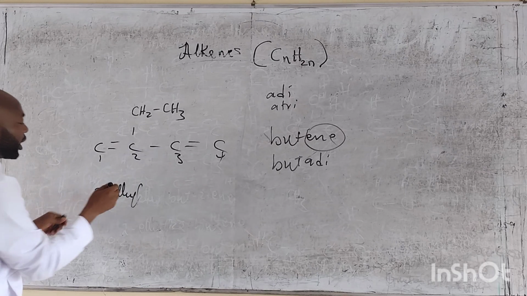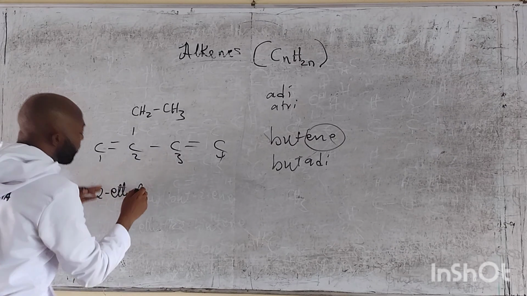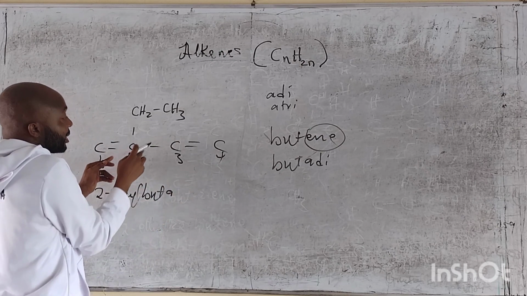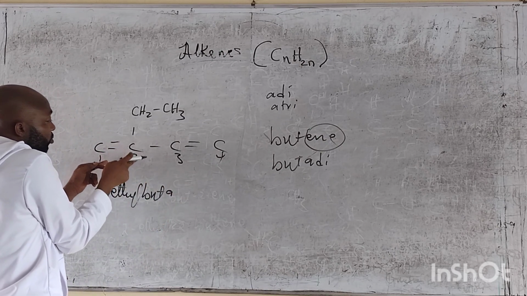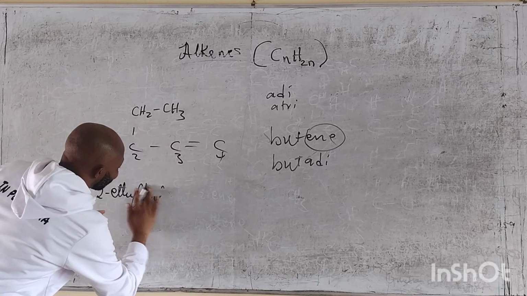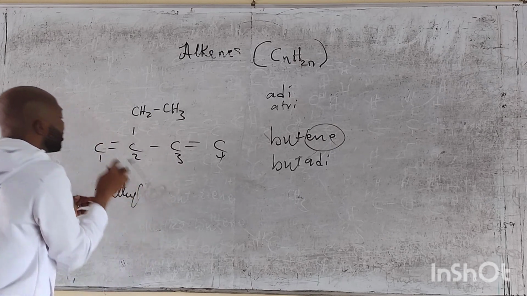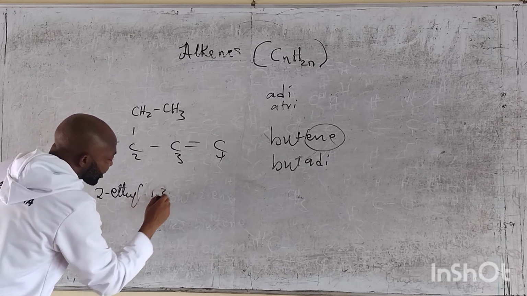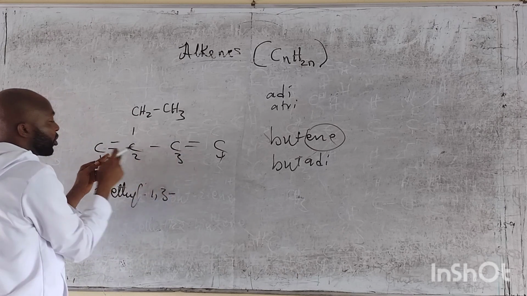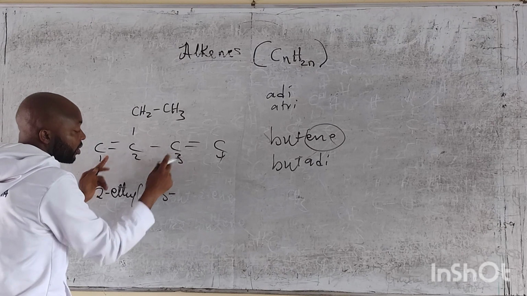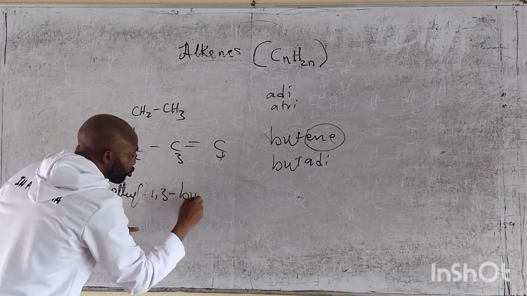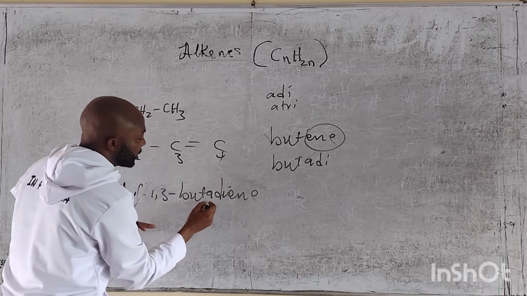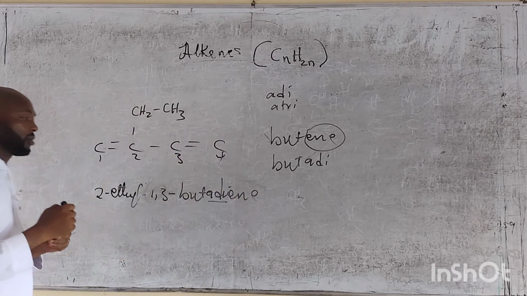Now, this is 2-ethyl buta. Since they are double, sorry, let me come. 2-ethyl 1, 3. The double bonds are in position 1 and 3. 1, 3-butadiene. This is the adi they say should be added.